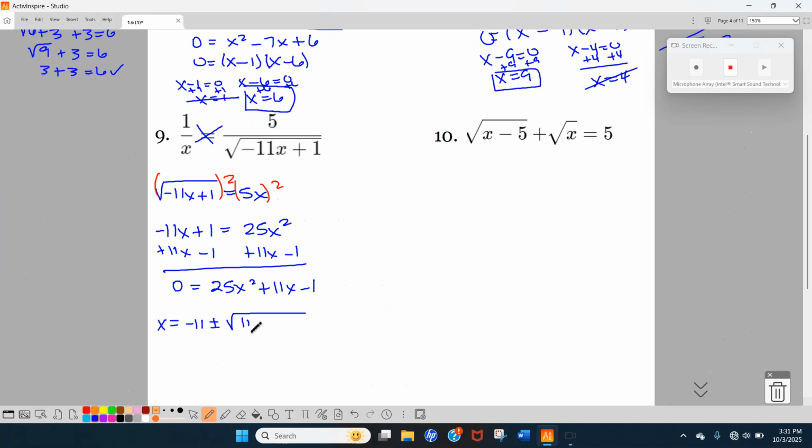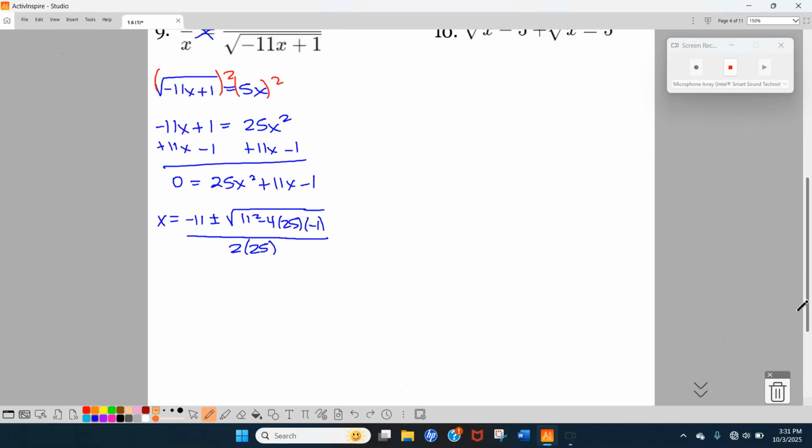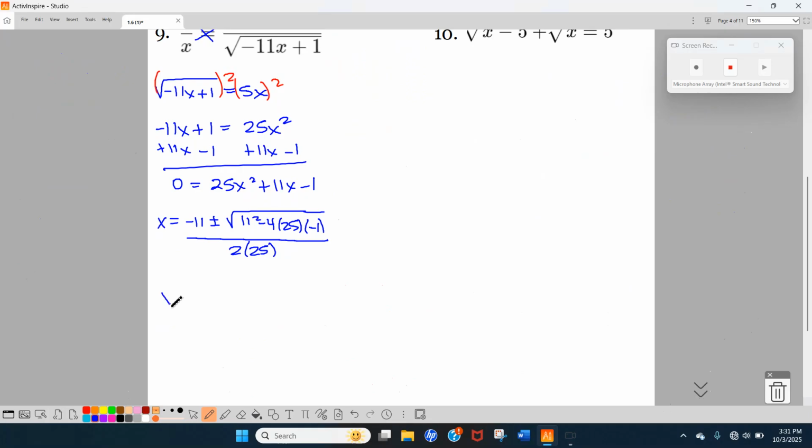Remember that you're going to have to show the formula, like write the formula down on a test. All right, so let's see. Negative 11 plus or minus something over 50. Also pay attention because on questions like this in Math Excel, they may want decimal answers. Make sure you're reading and knowing what they're asking of you.